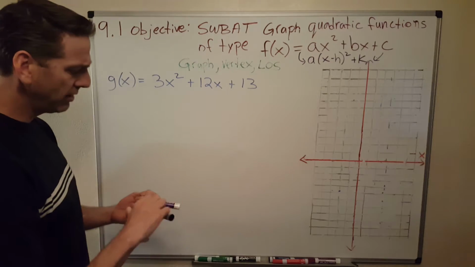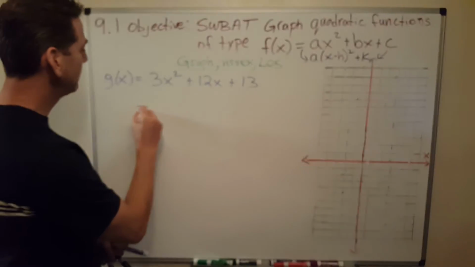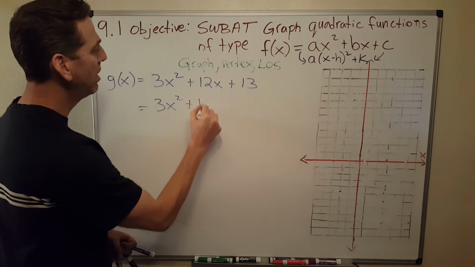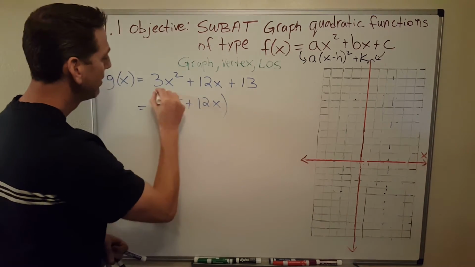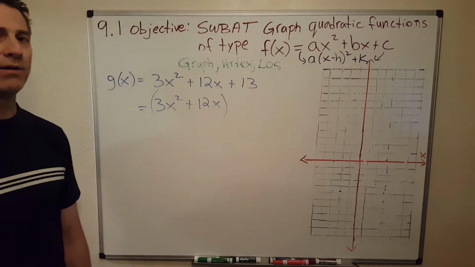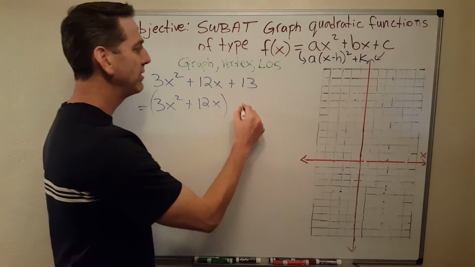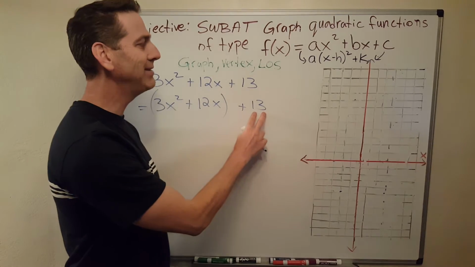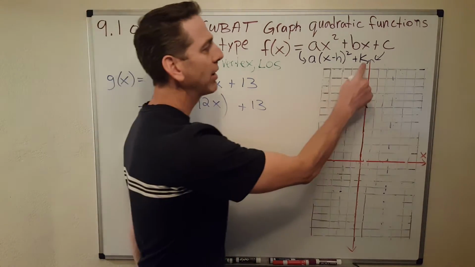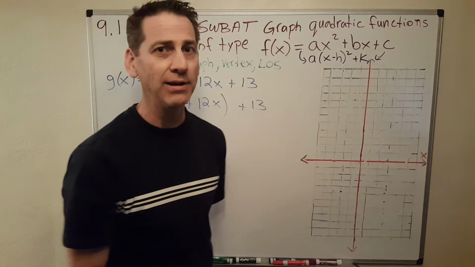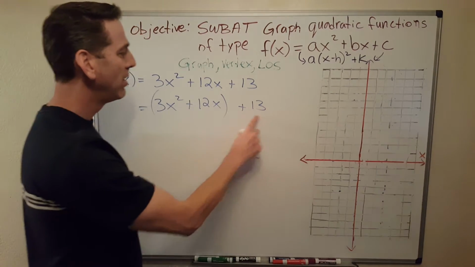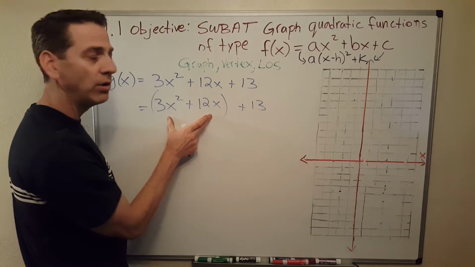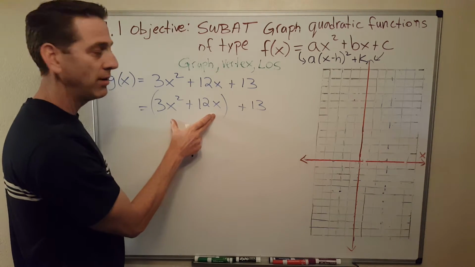The way we like to do this is first sectioning off that part of the trinomial and then sticking this guy on the outside. This is basically going to be forming our k value at the very end, our constant.